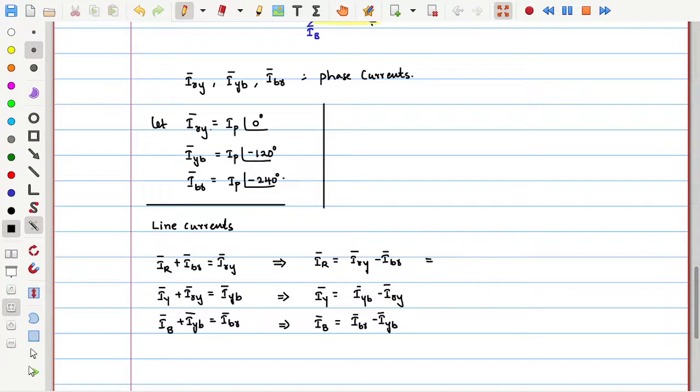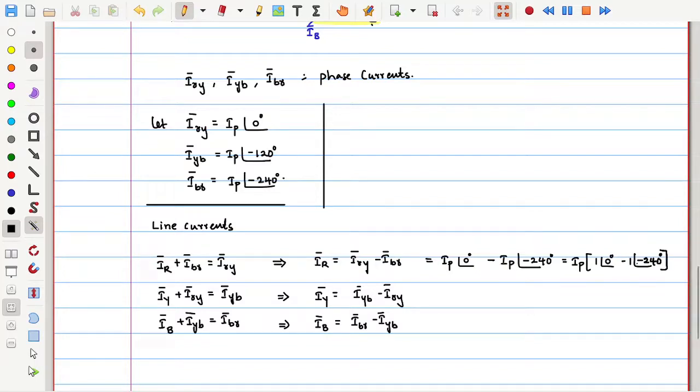Let us substitute IRY and IBR. All phase current magnitudes are the same, which is IP. So IRY is IP at an angle 0, and IBR is IP at an angle minus 240. How much will we get? You simplify that. This is IP into 1 at an angle 0 minus 1 at an angle minus 240.